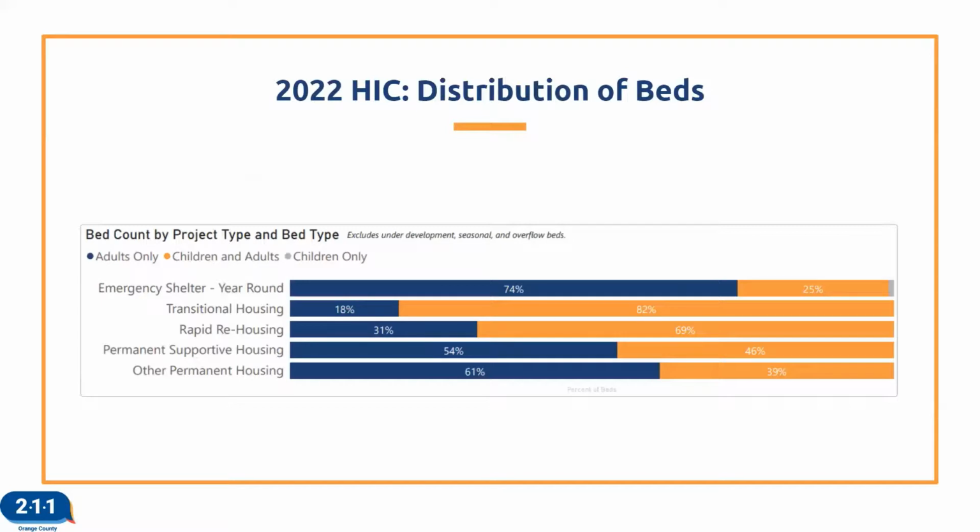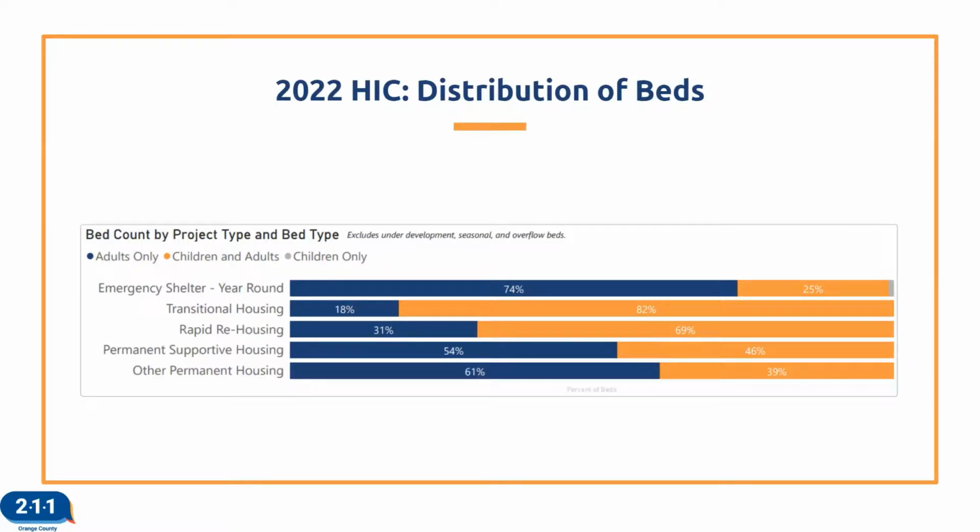This next chart is looking at how the different beds are distributed by project type. So this is looking at beds for adults only versus children and adults and children only. Adult only beds are represented in blue, and the children and adults or family beds are represented with orange.